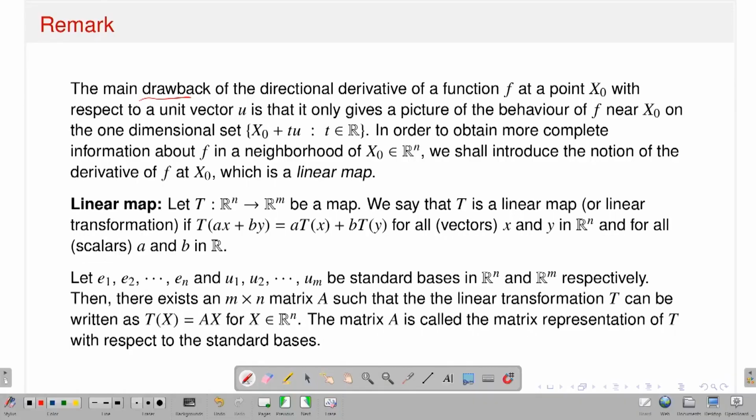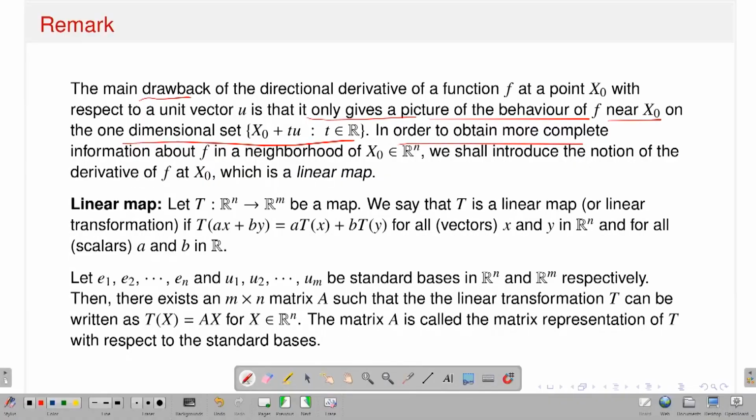The main drawback of the directional derivative of a function f at a point x naught with respect to a unit vector u is that it only gives a picture of the behavior of f near x naught on a one dimensional set, that means x naught plus tu. Only in that one dimensional set am I looking at the changes, not in a neighborhood of x naught. It is only one direction.